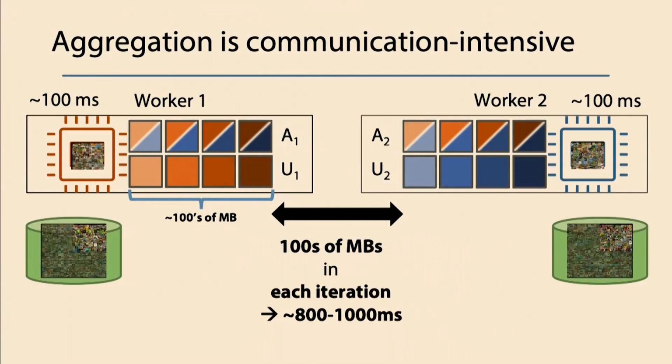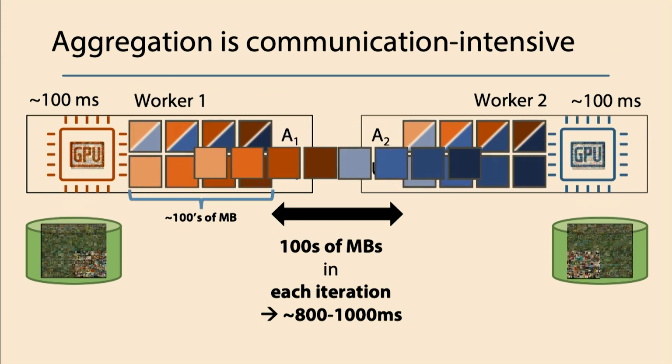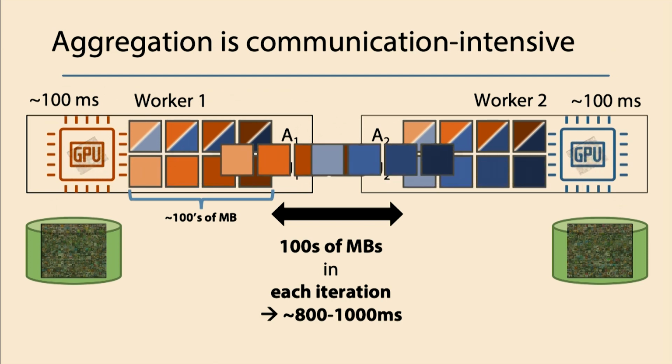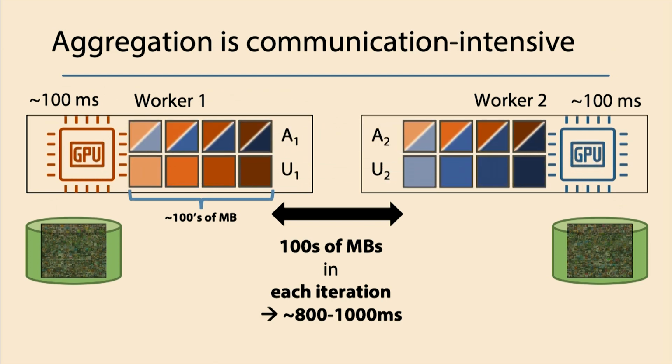Compared to the first phase, aggregation is computationally cheap, but it is communication intensive. And you can get a better feel for that when you look at some of the scales here. The gradients are large. They're on the order of hundreds of megabytes. And they have to be exchanged for every iteration of the training process. And the computational part of the training process takes only a couple hundred milliseconds generally.